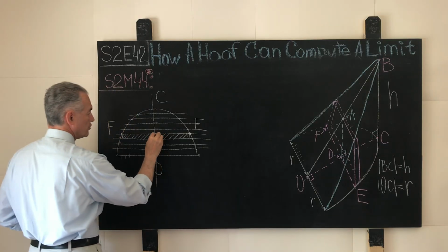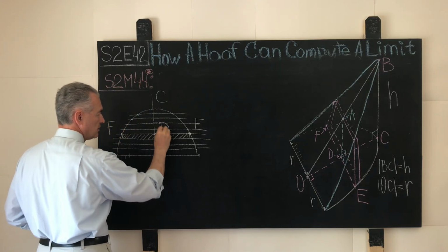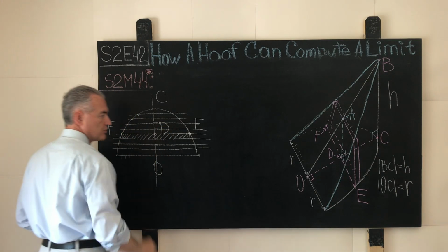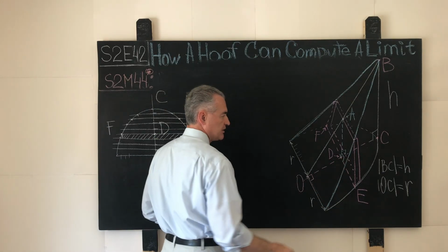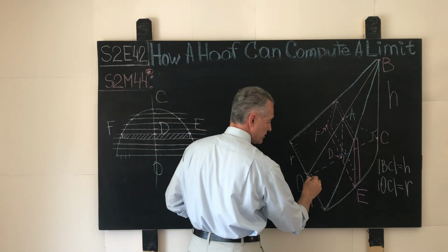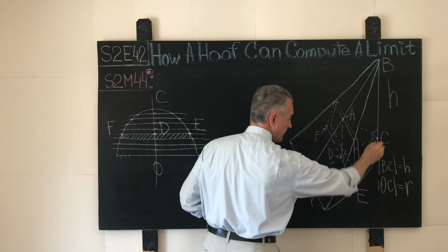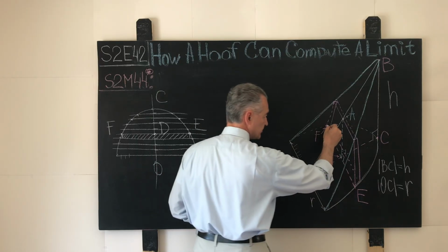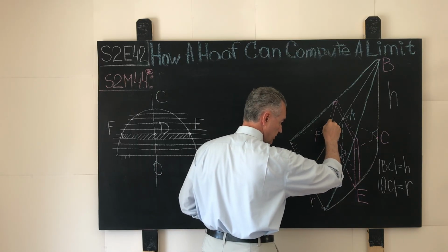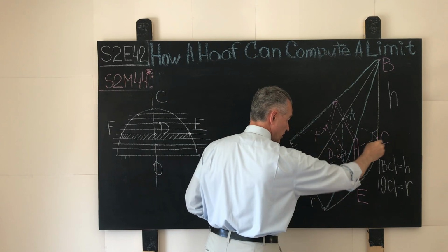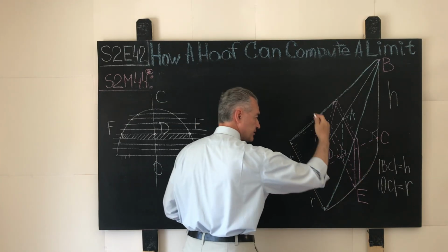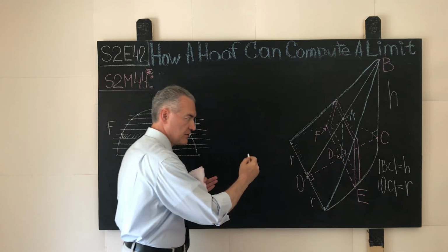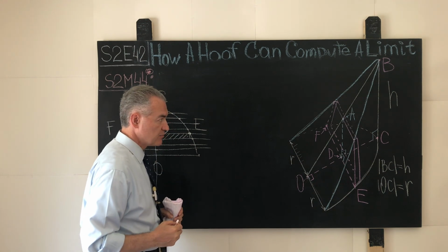And this point over here I call D. If you can see that, this is the point D. This is basically the point where the radius OC of the semicircular base of the hoof intersects the straight line that runs perpendicular to that radius, and these straight lines are spaced from each other by the same distance.